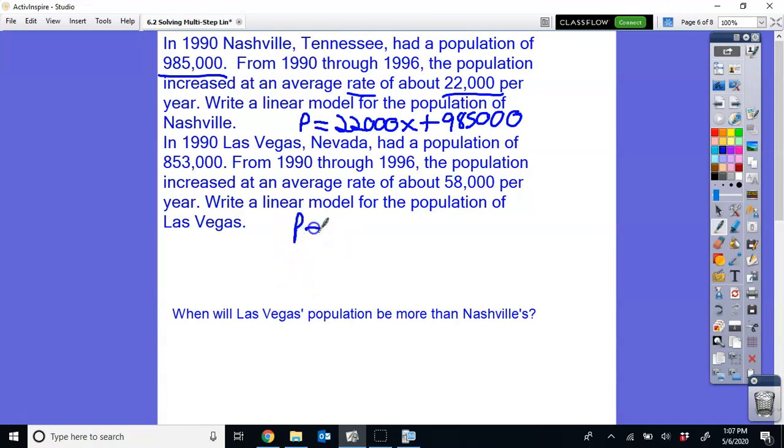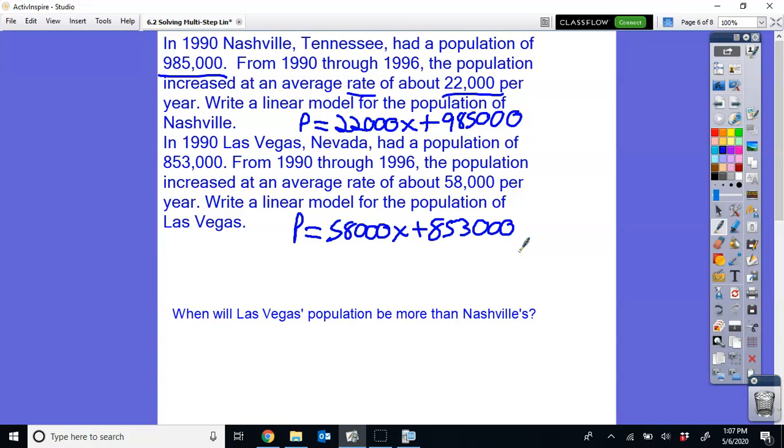So their population in Las Vegas is 58,000 per year, so 58,000x plus 853,000. Notice that their beginning amount is lower, but their rate of change is increasing quicker.